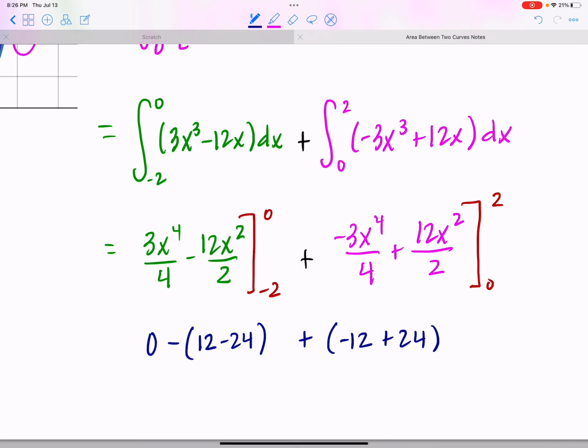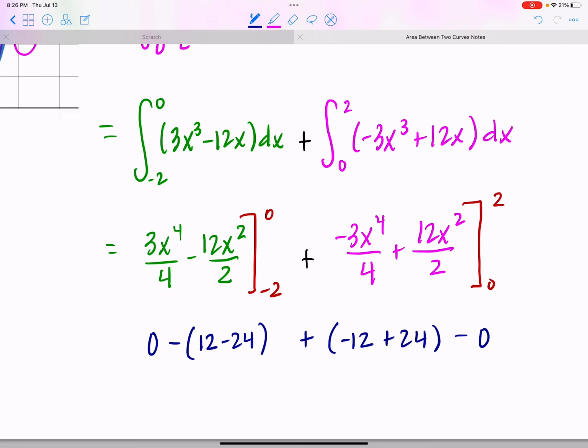And then when I plug in the zeros, okay, so I forgot this piece last time. My apologies for that. So this is going to be -12 here, but times the negative makes it a +12. And then over here I have a +12. So 12 and 12 is 24, and that sounds good. So 24 units squared, that is the area here.